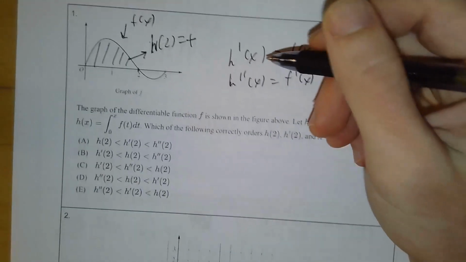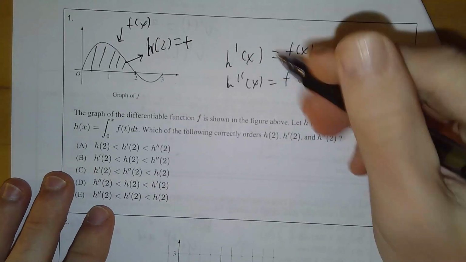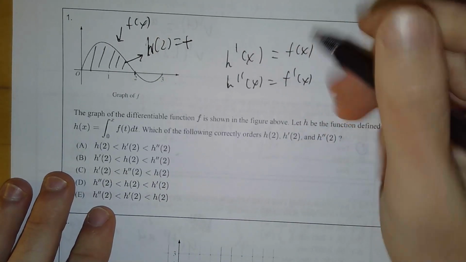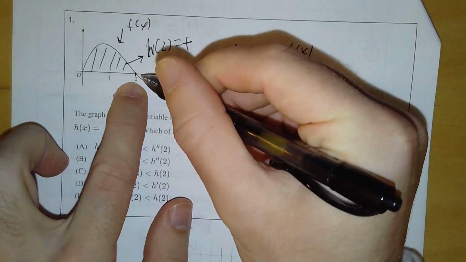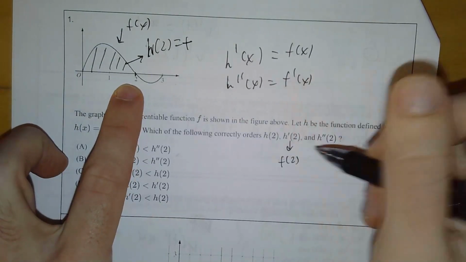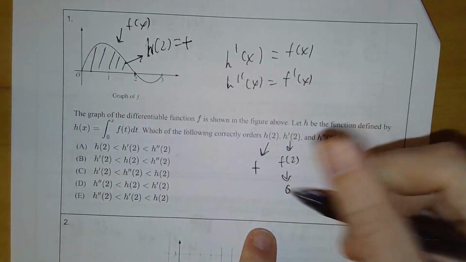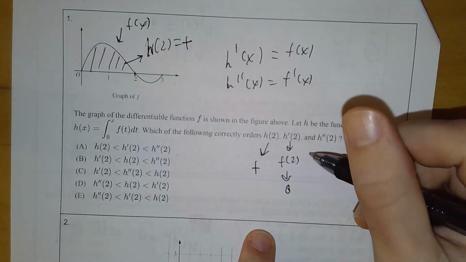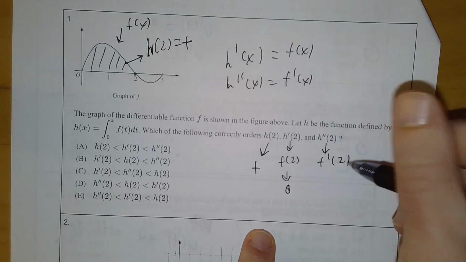Okay. And then h prime of 2 is the derivative of h at 2. Well, that's f of 2. This just means f of 2. So you go to f of 2, which is 0. So h prime of 2 is 0. This is some positive number. And then we've got the double prime, which is going to be f prime of 2, which is the slope at 2.